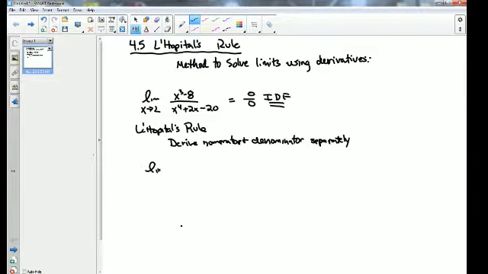What is the derivative of just the top? 3x squared. So we're doing them separately. What's the derivative of the bottom? 4x cubed plus 2. There's your new limit.